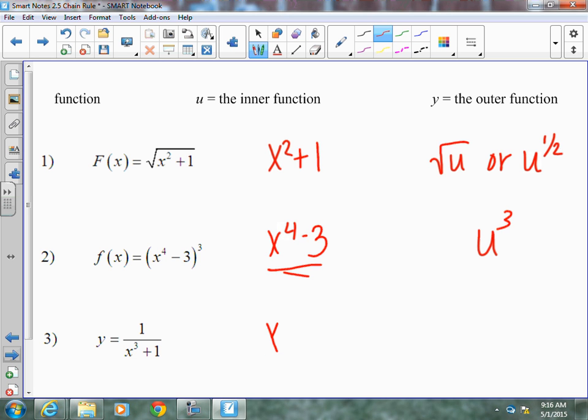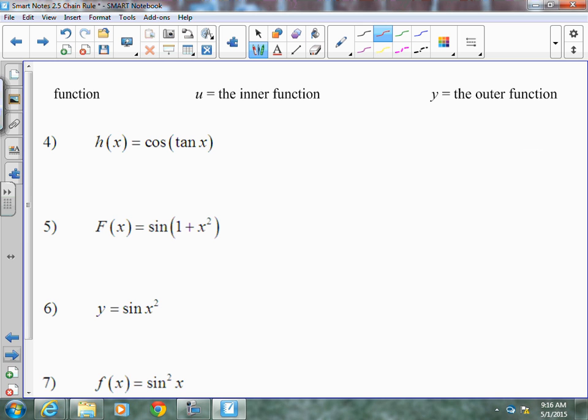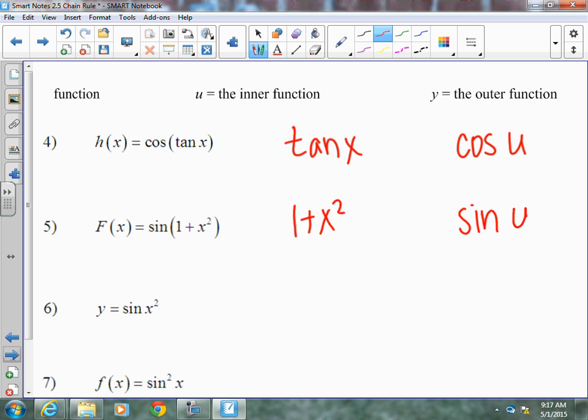Next one, inner function, x cubed plus 1, and our outer would be 1 over that u value because u is down here. Number 4, inner function, tangent of x, because it's plugged into cosine, and that's our u, so our outer is cosine of u. 5, inner, 1 plus x squared, outer, sine of that 1 plus x squared that we called u.